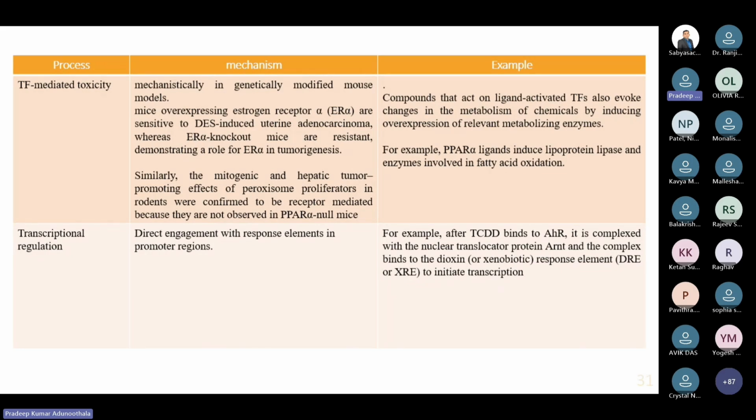That leads to the binding of the chemical or the toxicant to the gene, and that leads to the toxicity. An example is TCDD that binds to the AHR complex with the nuclear translocator protein, and the complex binds to the dioxin response element, DRE or XRE, and that initiates the transcription.